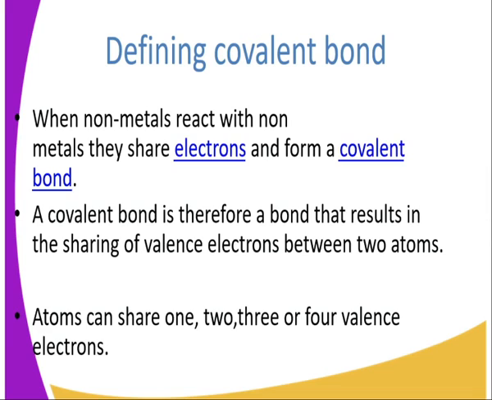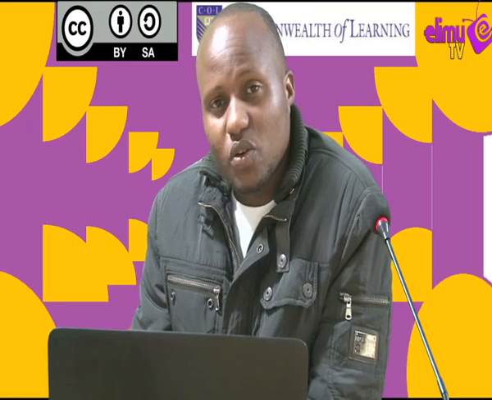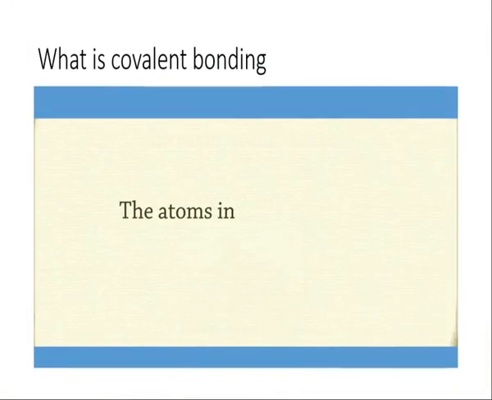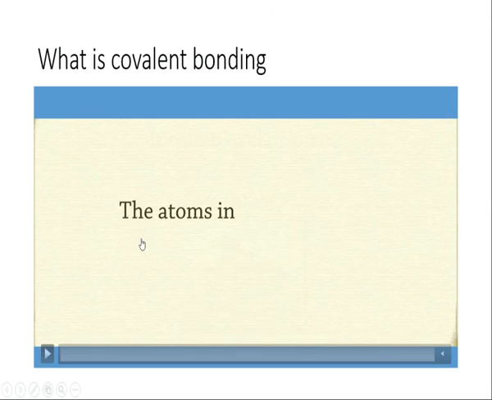Atoms can share 1, 2, 3 or 4 valency electrons, and that means we can have single, double, triple or even tetra covalent bonds. After understanding that, let's look at it in a diagram and see whether we will be able to get the concept much better.